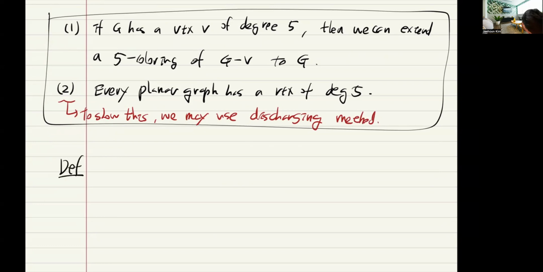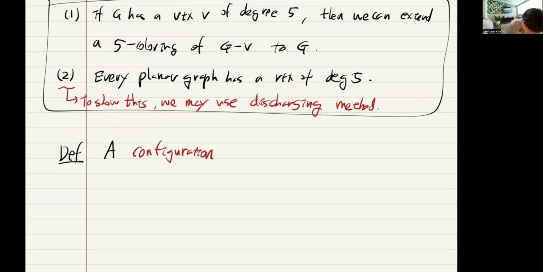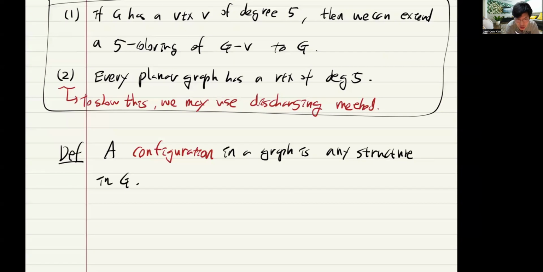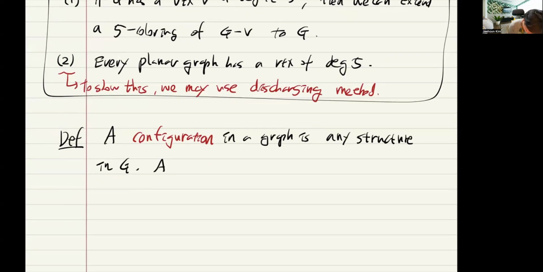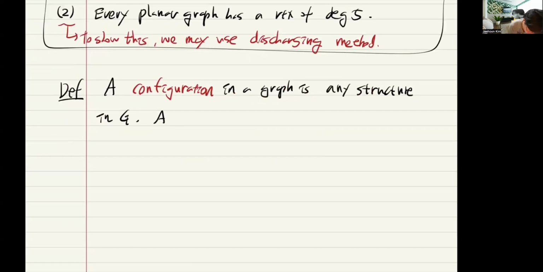So let's define some terminology. A configuration is just another name for this substructure in a graph. It is any structure in G. It could be some subgraph, it could be a vertex, it could be an edge, it could be a face, and a face only makes sense when this is a plane graph.